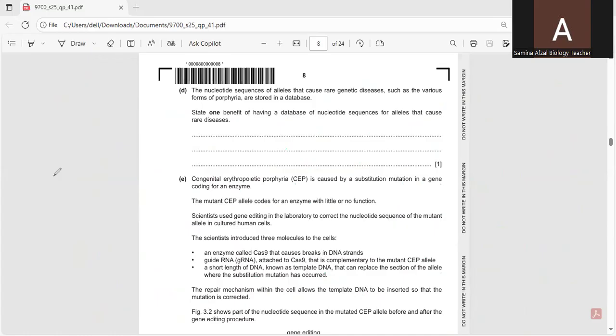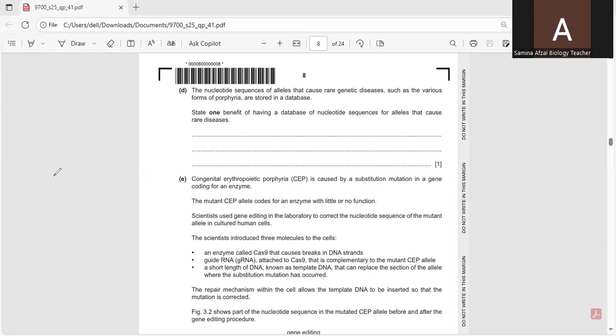The benefit of having a database of nucleotide sequences is that it allows for accurate and rapid diagnosis. Clinicians can compare the DNA sequence from a patient with an undiagnosed condition against the database of disease-causing mutations. A match provides a definitive, fast diagnosis.